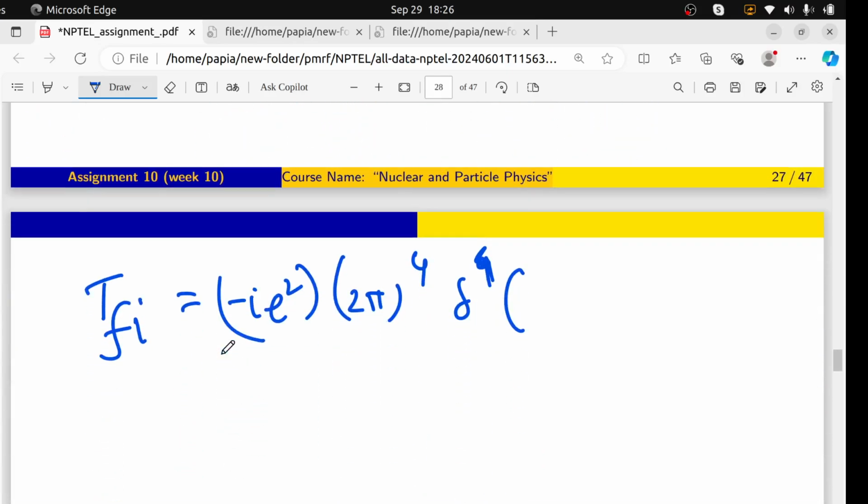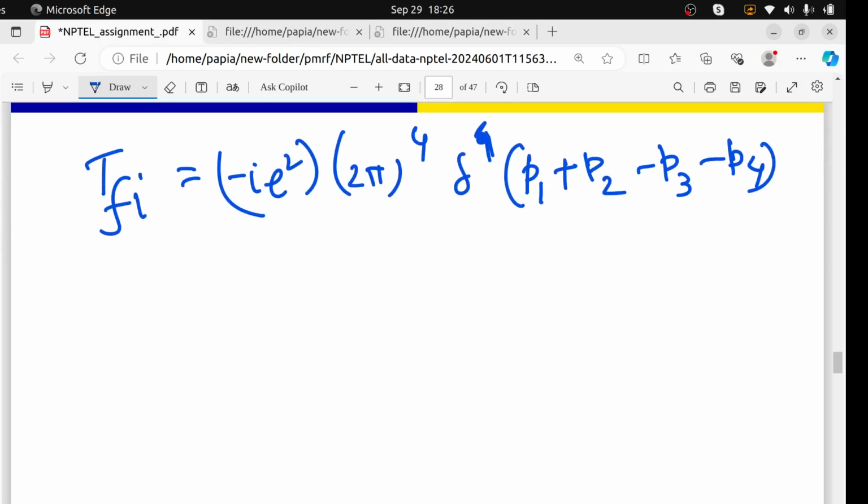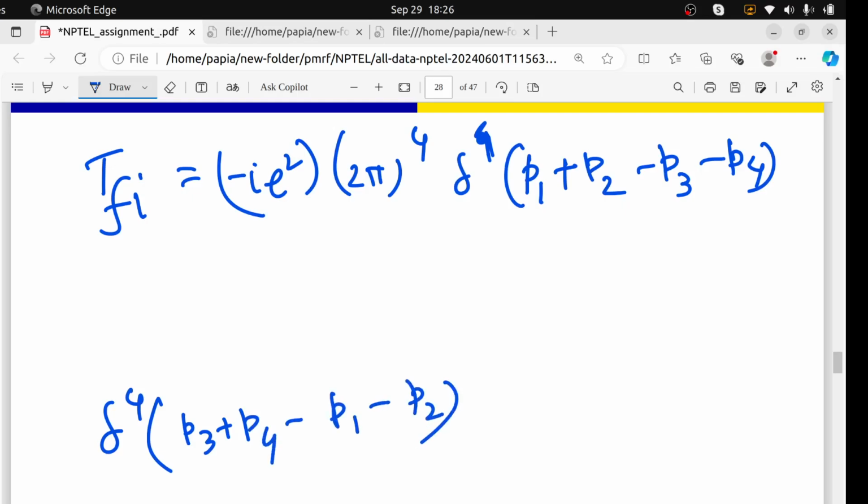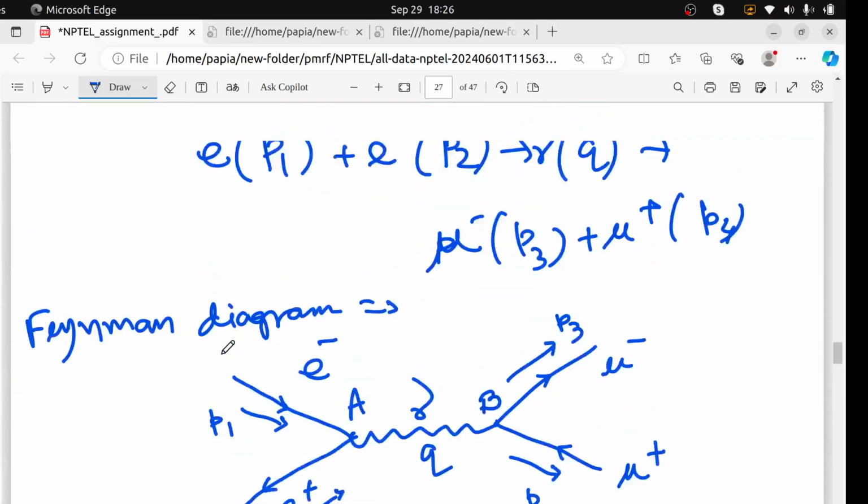So the delta 4 will be P1 plus P2 minus P3 minus P4. It can also be written as P3 plus P4 minus P1 minus P2. Why? Because delta 4 of minus x is equal to delta 4 of x. Due to the momentum conservation law, there should be one delta 4 function.